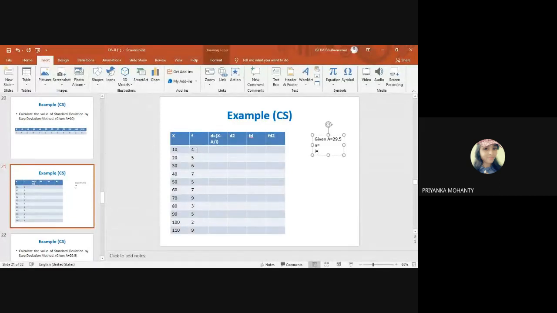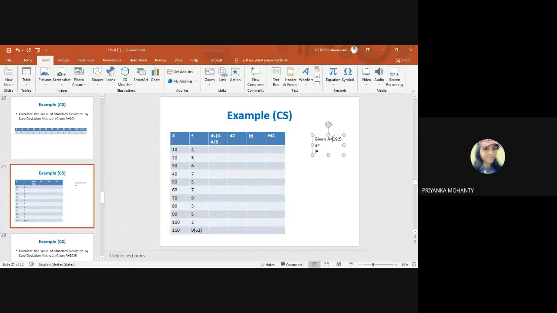What is the value? 4 plus 5 plus 6 plus 7 plus and so on. The sum of frequency is the value of n. 62, sir. 62. Then proceed to calculate the deviation equals x minus a.